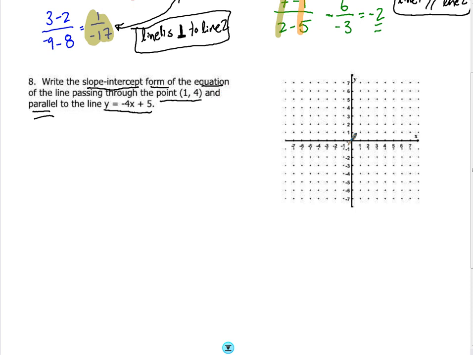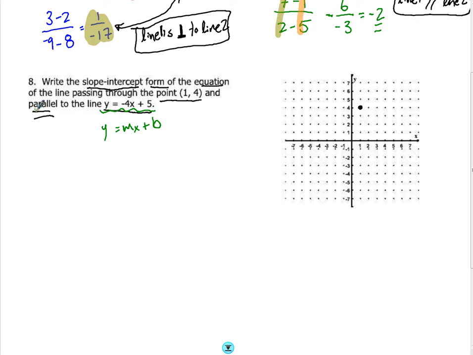Now, to figure out how I'm going to draw that line, I need to first understand its relationship to the given line. Here is a line in slope-intercept form. If this line is parallel to the line I'm trying to find, that means their slopes have to be the same.